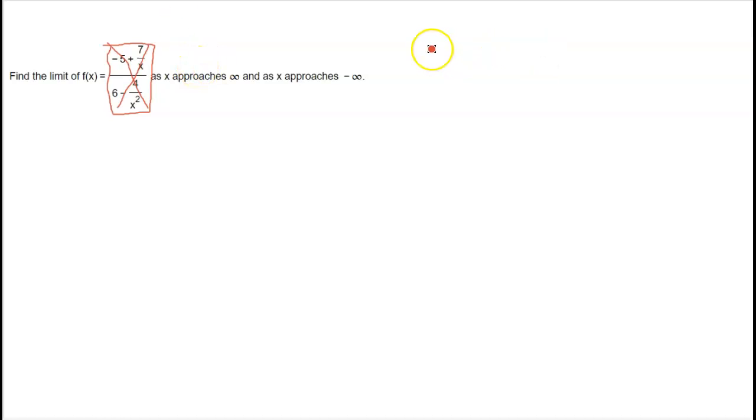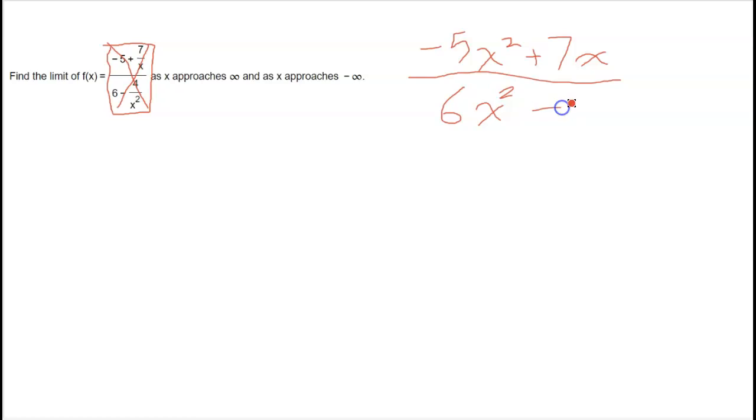What if it was -5x squared plus 7x on the top, and 6x squared minus 4 on the bottom. Polynomial over a polynomial.